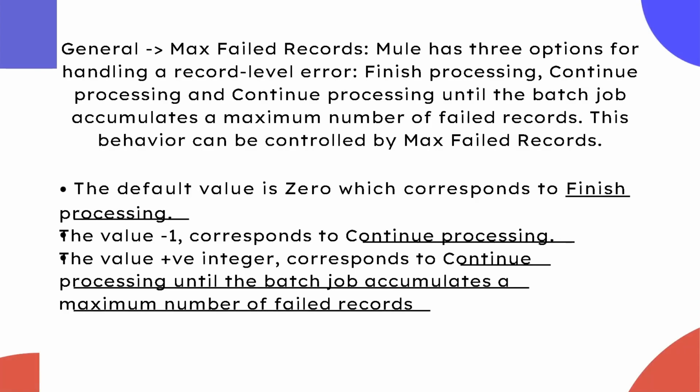So guys, our next field is max failed records. From the definition you can see, basically Mulesoft has three options for handling a record level error: finish that particular processing, continue that processing, or continue that processing until a batch job accumulates the maximum number of failed records. These types of behavior are controlled by the max failed records field. So let's say we configure max failed records as 0.